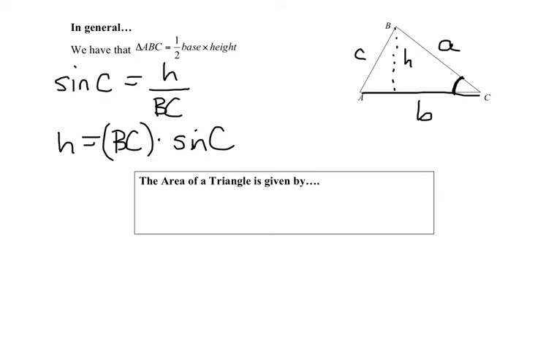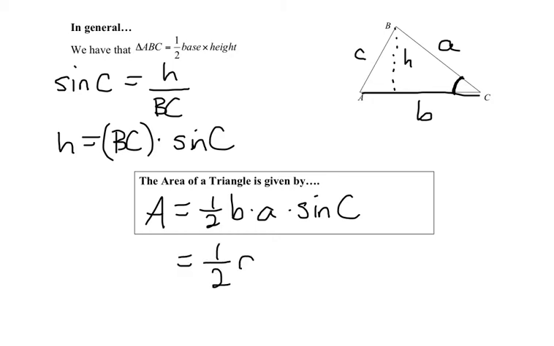So if I come back in to find the area of a triangle, the area of the triangle is half the base, which in this case is also the letter b, times the height, but our height is side BC, that's a, and then sine C. Notice that b and a are adjacent to each other, and angle C is the angle in between them. So half, and normally we say half ab sine C.